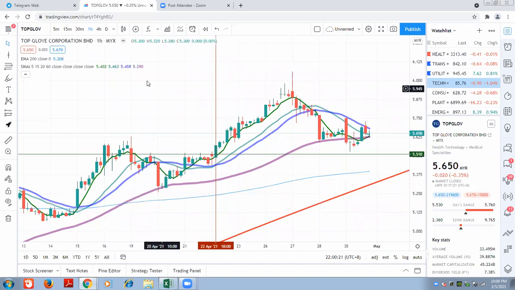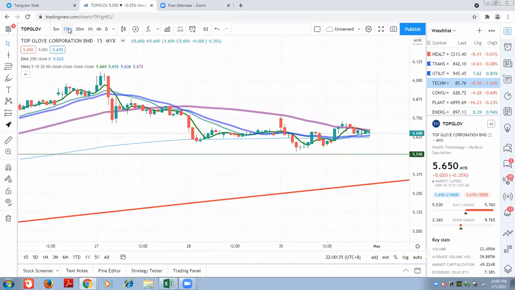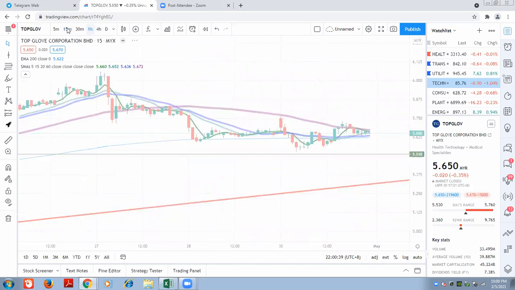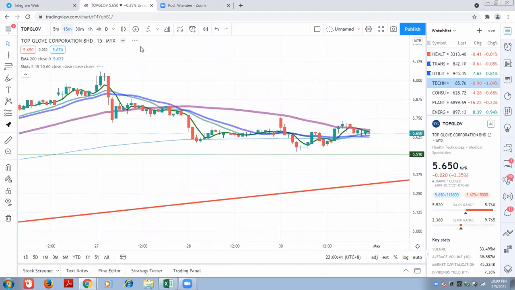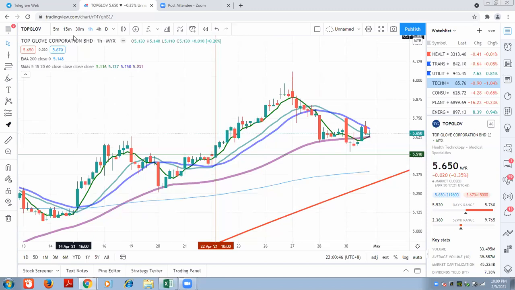So I want to answer the standing question first. In intraday, please trade using the 1 hour chart. Detect the breakout first in 15 minutes. 15 minutes, 1 hour: the intraday time frames.